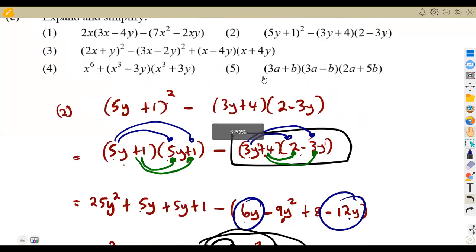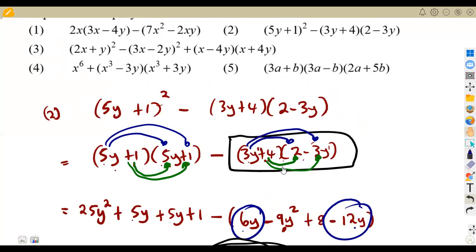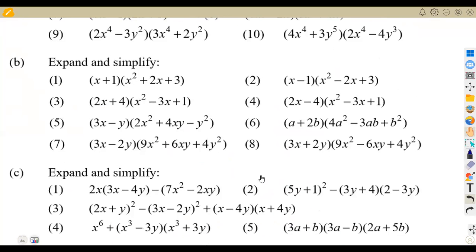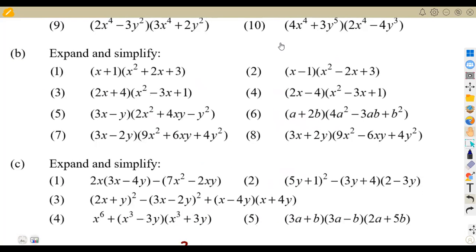So I want us to try as many questions as we can. Like I said, there are so many questions to consider. Let us try to revise and work with more questions. If there's a question that has got a challenge, let me know so that we can work with it in a separate class.